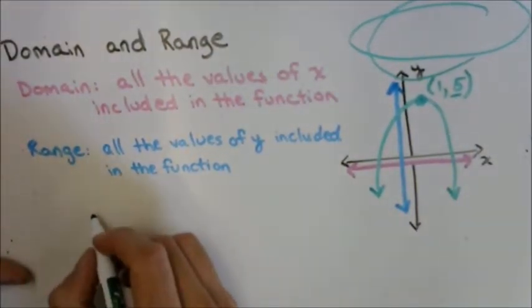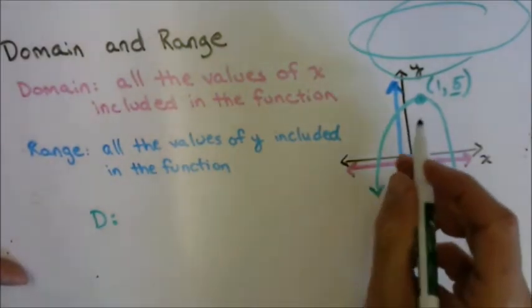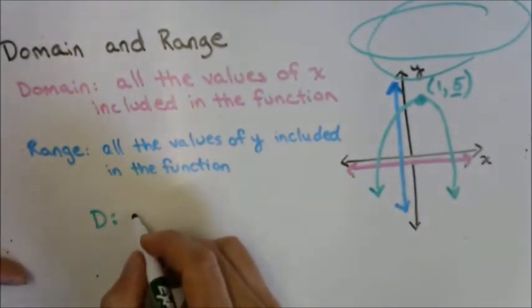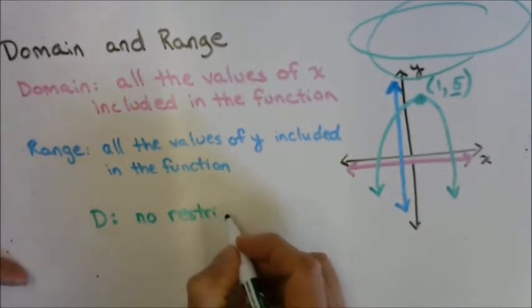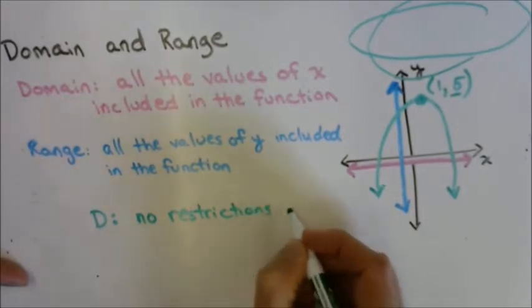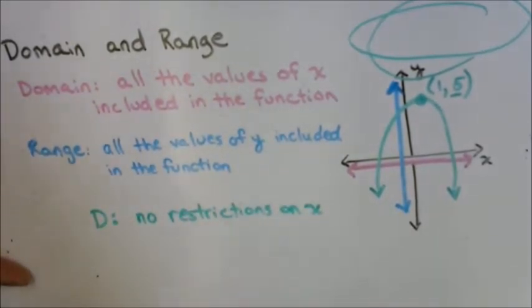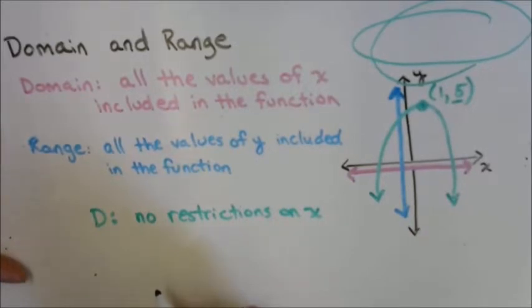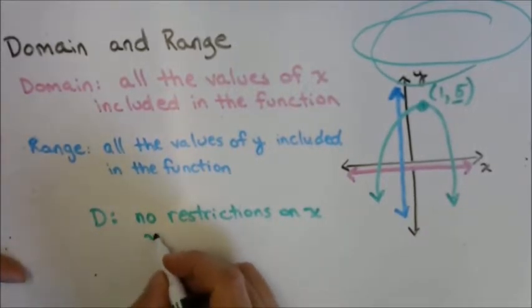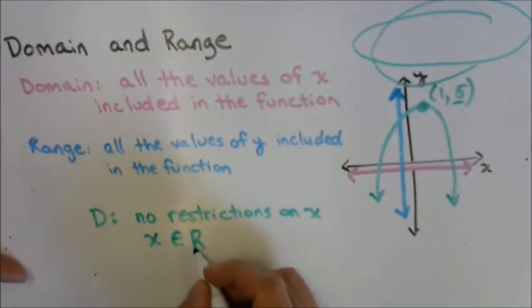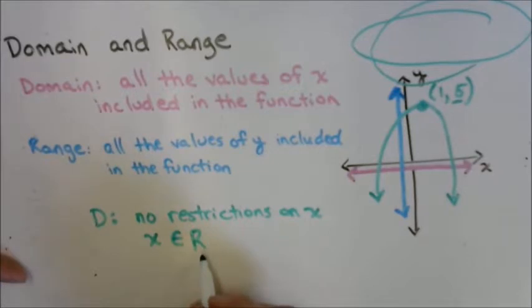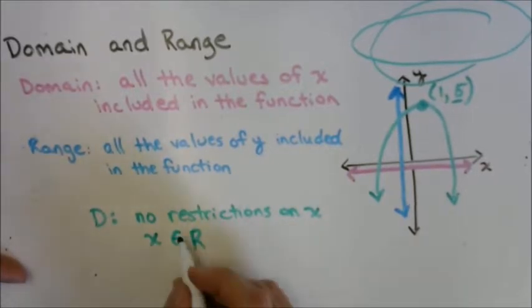So for the domain of the graph that we've drawn, we would say there are no restrictions on x. That means x can be any value in the whole world. Another way to say that using math language and symbols is x belongs to the set of real numbers. x ∈ R. This is a funny E, like a C with a line through the middle.